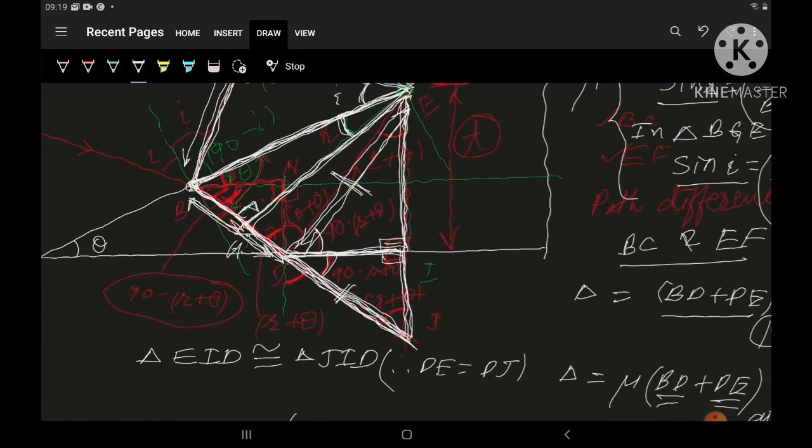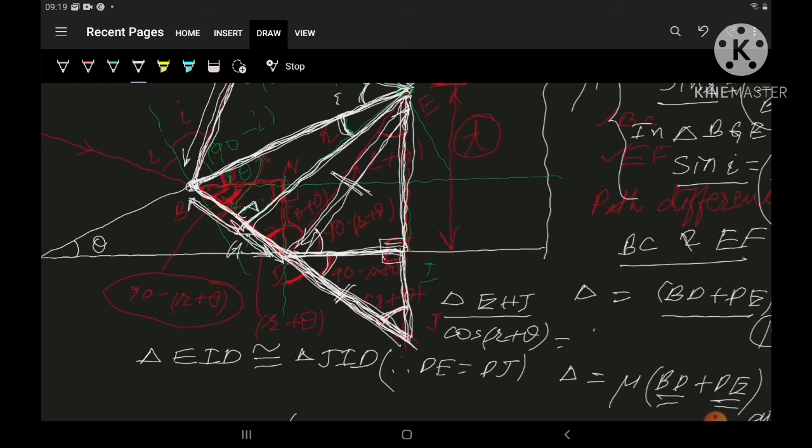In triangle EHJ, we have to find HJ. So let us consider cos of r plus theta. Cos of r plus theta will be equal to base upon hypotenuse.